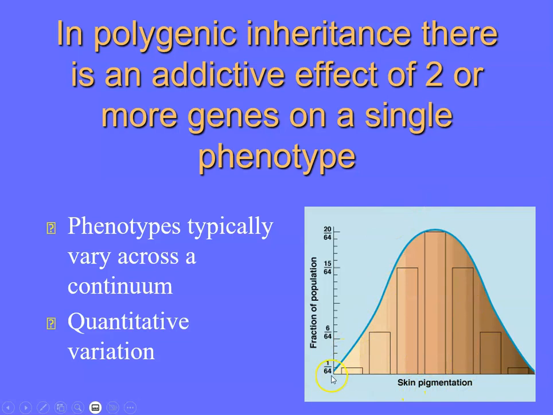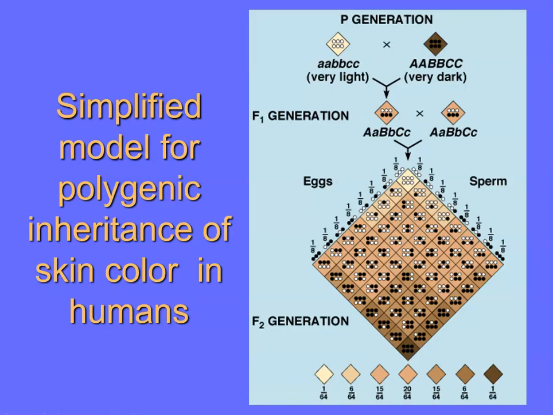The lowest numbers are at the very, very light and very, very dark end of the spectrum. So it has a measurable effect on the population distribution. It's quantitative in terms of its variation. So why is that? Well, it has to do with the fact, again, that it's coded by multiple genes.